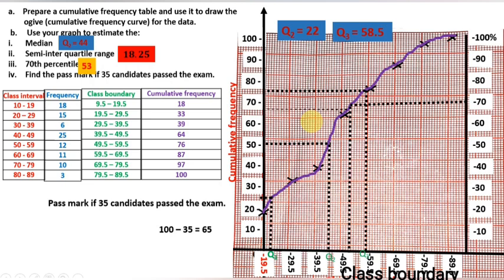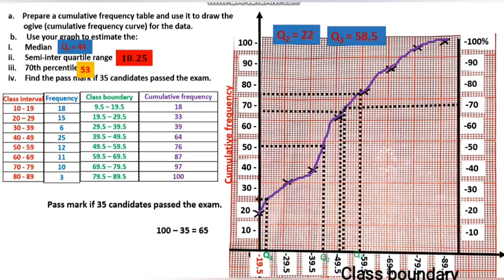Okay, so that's 65. Then trace it down again to the horizontal axis. So on tracing it, we're going to count the points. This is 49.5, 50.5, 51.5. Pass mark is 51.5.